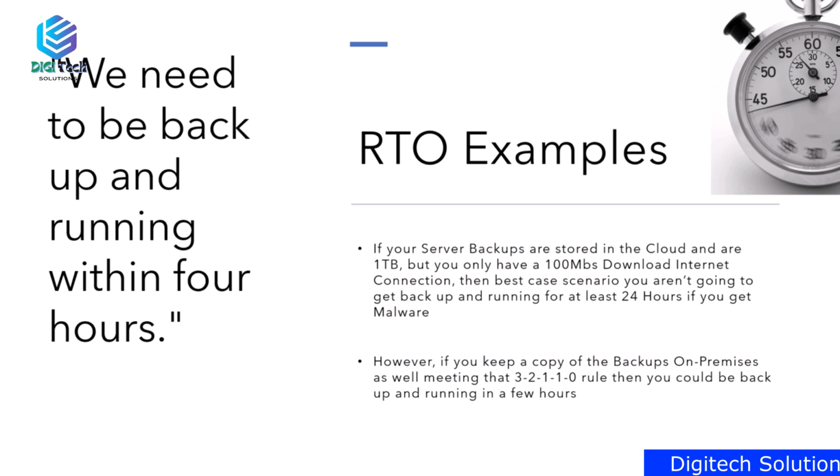That's because to download 1 terabyte of data from the cloud over 100 megabit is going to take a lot of time, plus the time for you to then restore all of that server infrastructure from the backup software. However, if you're keeping a copy of the backups on premises as well, meeting that 3-2-1-1-0 rule, then you could be back up and running in a few hours, because downloading over a local area network compared to downloading over the internet is much faster.